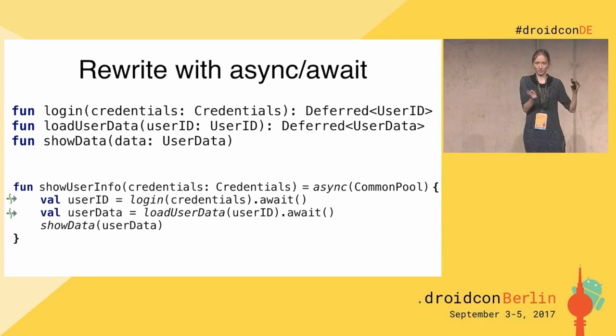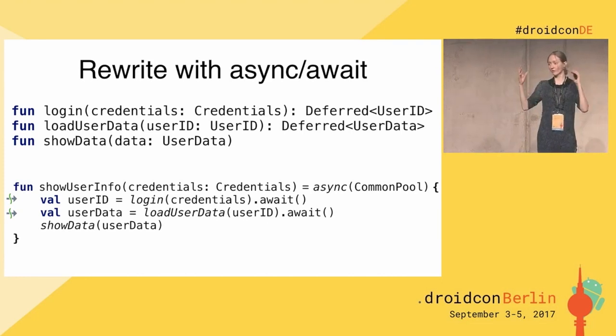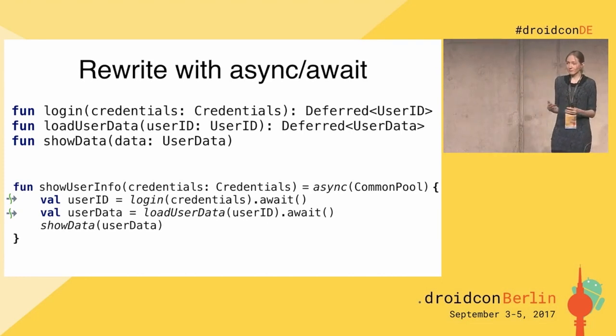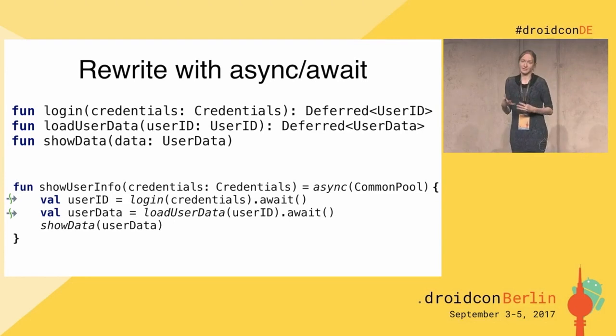We saw it before, like async returns deferred, and deferred is another word for completable future, for promise. It's just a synonym, so in essence it does the same. And in your function, instead of user ID and user data, you now have deferred objects, so you have to await them.